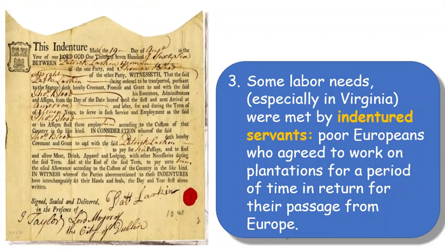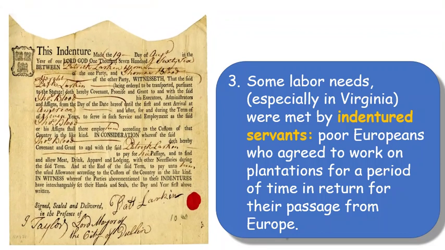Okay, the indentured servant had a legal document, as we see here, that set out the requirements and the expectations of their work and the length of time that they were bound to this plantation, after which they were then free to begin their own lives.